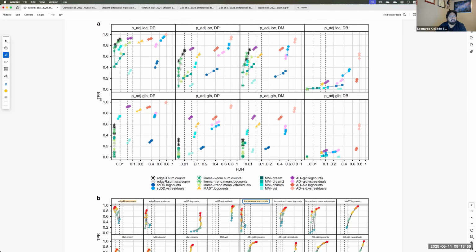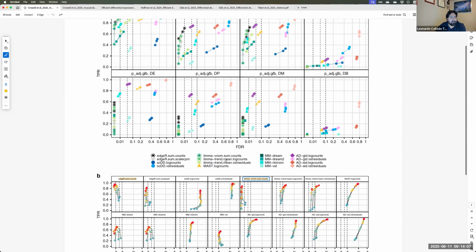On the y-axis of this graph, we have the true positive rate. You want that number to be high. But then they're also looking at the false discovery rate on the x-axis, where they evaluate at 3 different thresholds. They say, let's run this method and give me any of the results with FDR less than 5%, less than 10%. In these 3 lines here, your dots should be mostly matching the location of those 3 lines.